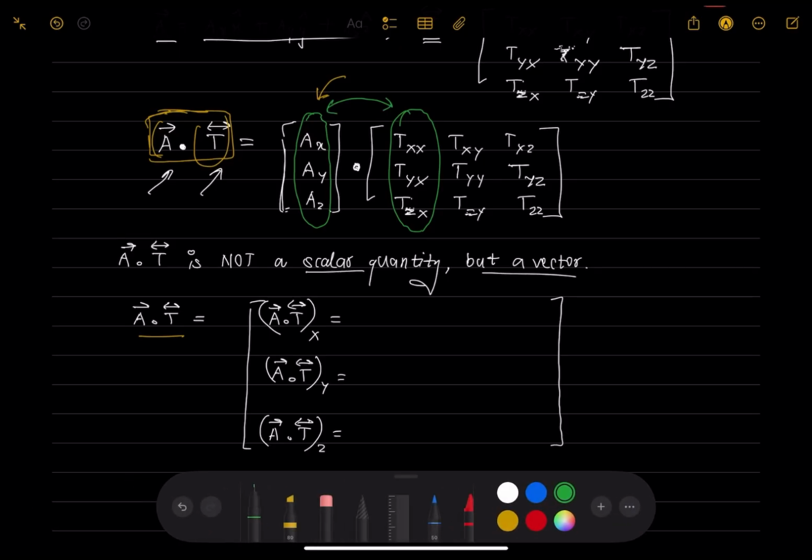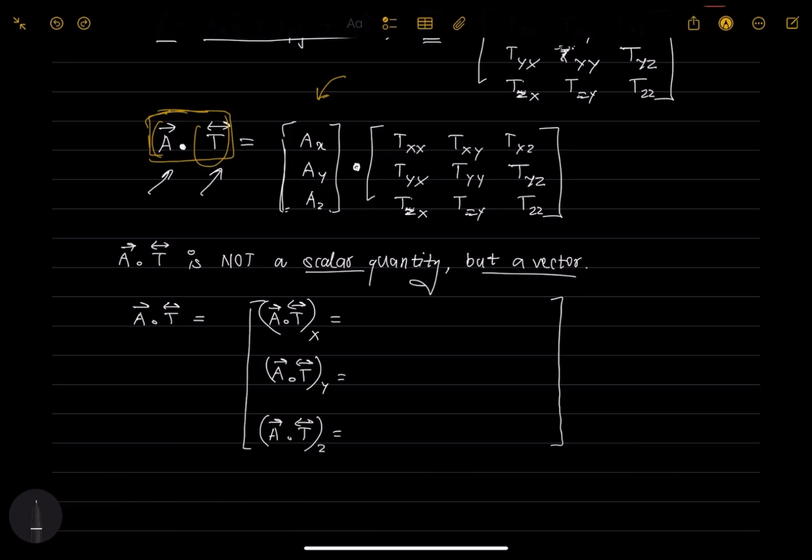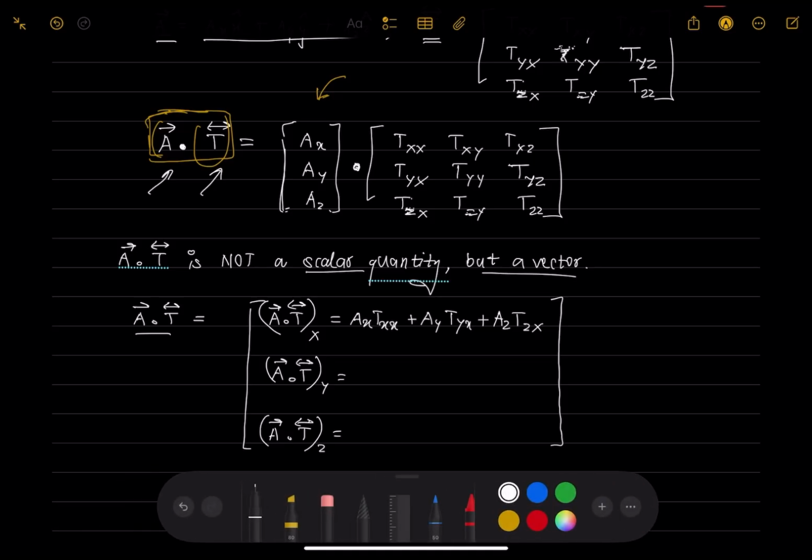That basically means that we take the product of the first two, the product of the second two, and the product of the third two, and we add them together. It's like the dot product of a regular set of two vectors. So ax times txx plus ay times tyx plus az times tzx. That's the x component of this dot product. The y component is defined similarly.